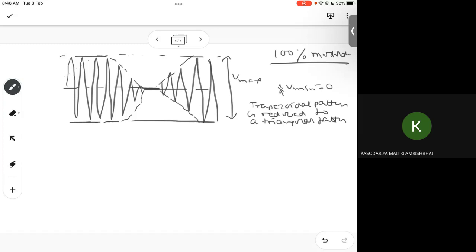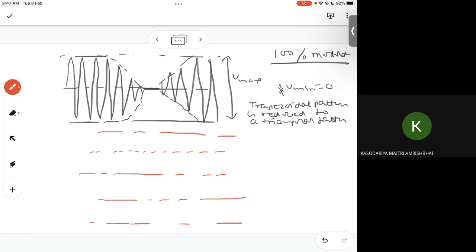Now if I have, let's say, 50% modulation, how will it look? If I go for the 50% modulation, it will look like this. So I have this terminal, and V maximum will not be the same.